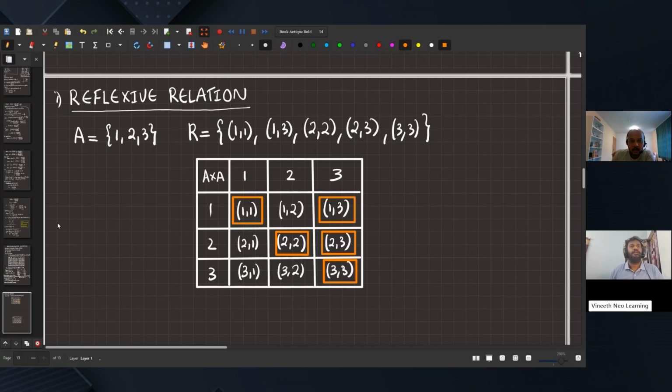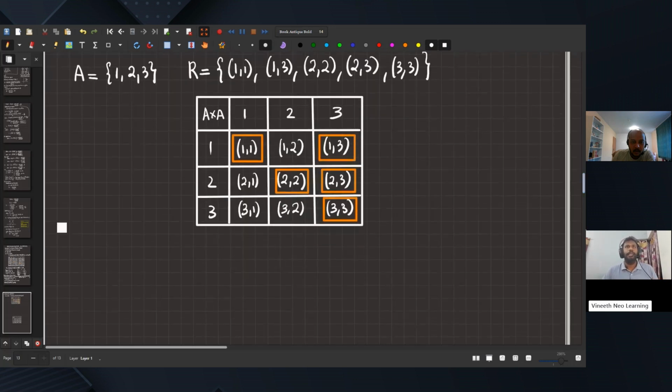Here, if you look carefully, we can see that every element of A is actually related to itself. Meaning all the diagonal elements of the Cartesian product are present in the relation.